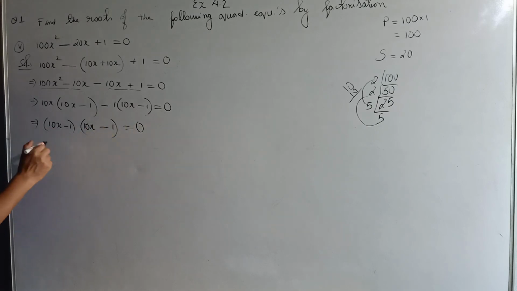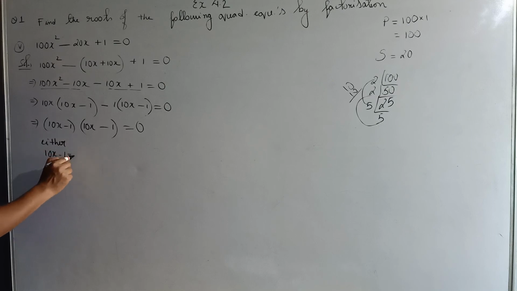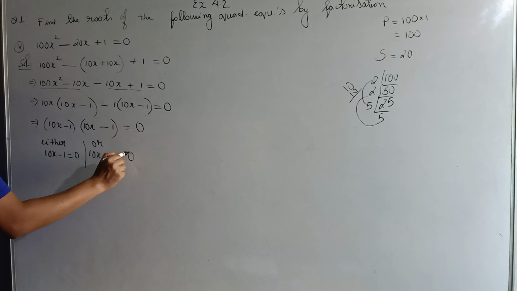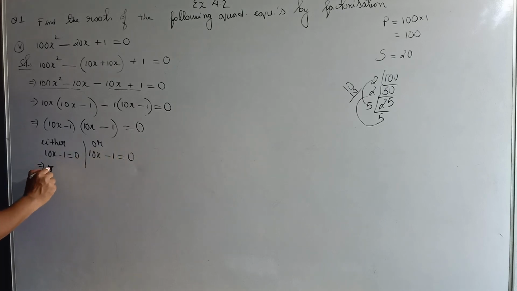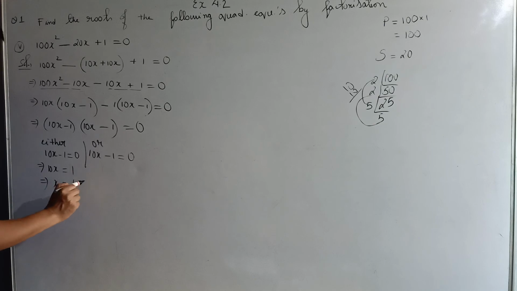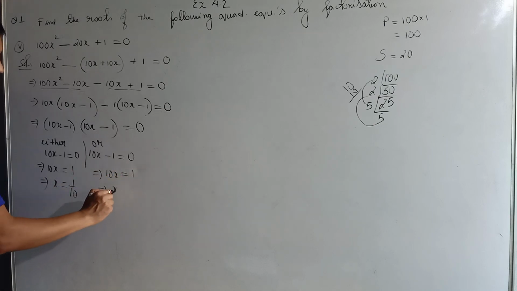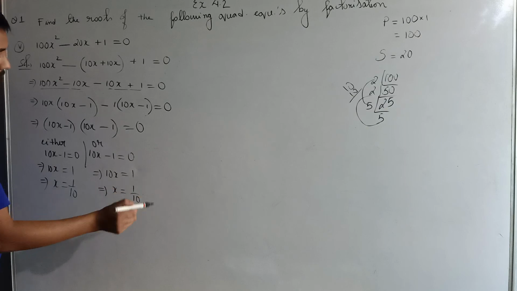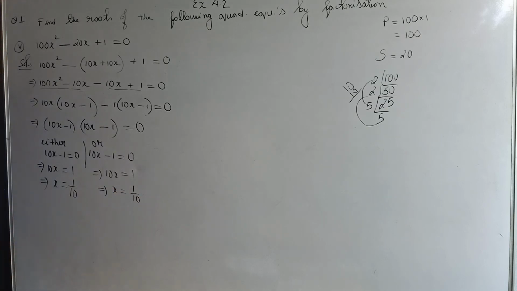So product of 2 terms is 0, means either your first term is 0 or your second term is 0. This gives you 10x to be 1, so x is 1 by 10. This also gives you 10x to be 1, so x is 1 upon 10. Correct? All right.